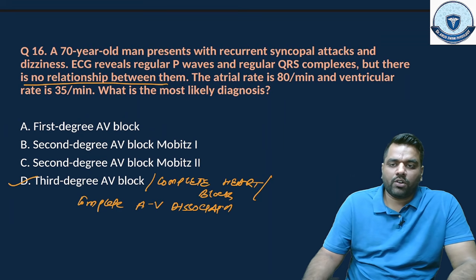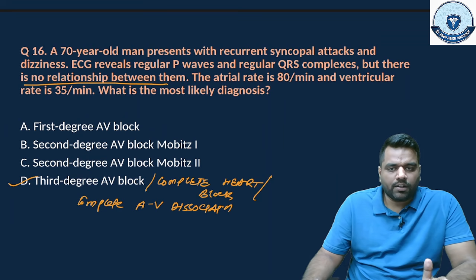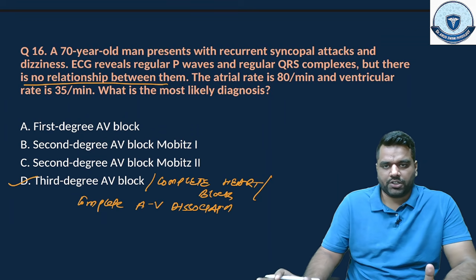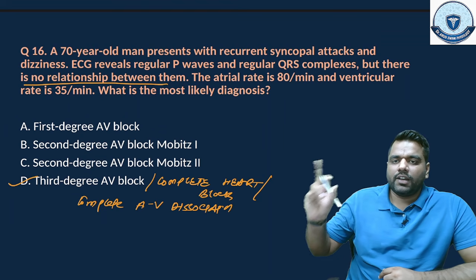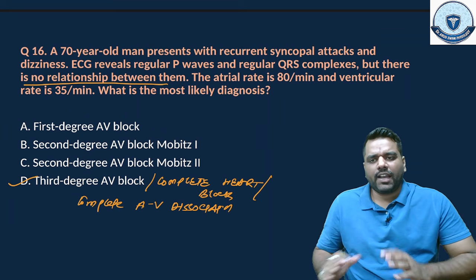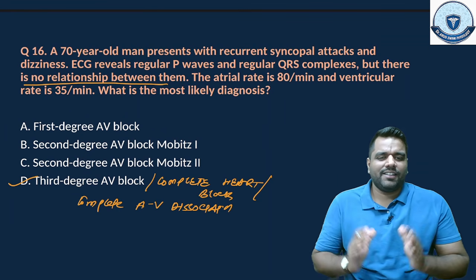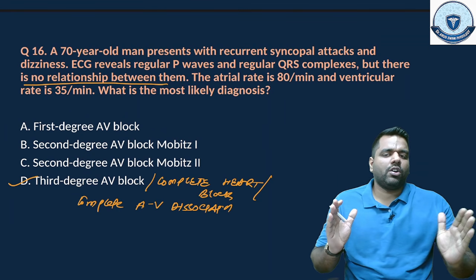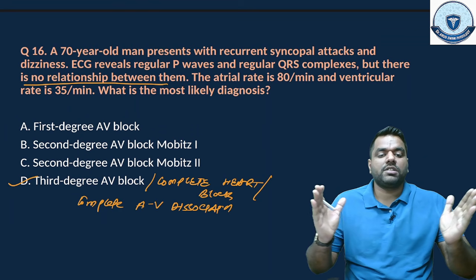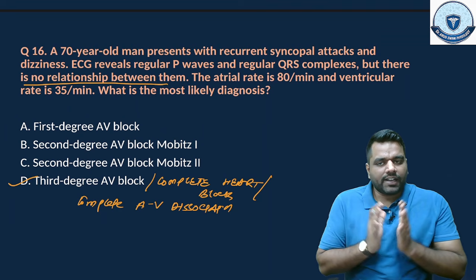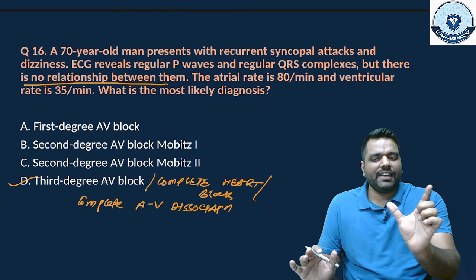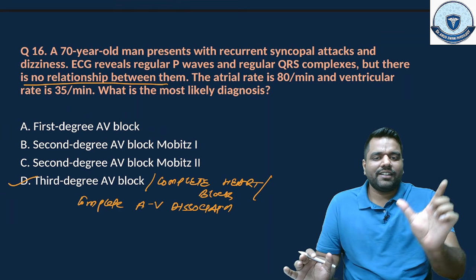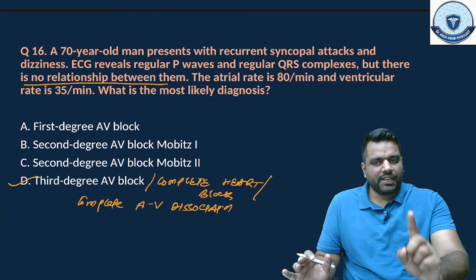So you can call it third degree heart block, you can call it complete heart block, or you can call it complete atrioventricular dissociation, right? So the clue in the MCQ is that there is no relationship between them. So what is happening in the first degree? First degree, P is normal, QRS is normal, simply PR is constantly prolonged. In second degree, Mobitz type 1, there is progressive increase of the PR, and then there will be a dropped beat.